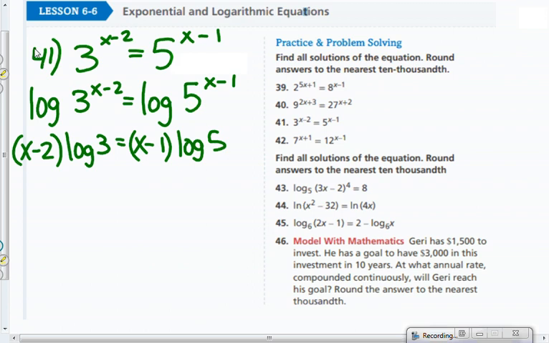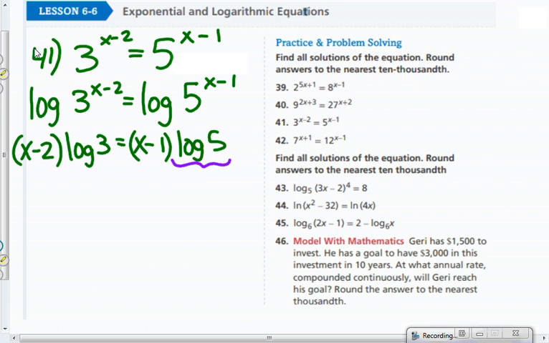All right? At this point in these problems, I have you keep log involved. Some teachers will say, go ahead and find the log of 3. It's some decimal. Point something, all right? And you could find the log of 5, which would be point something. I'm not sure what it is.